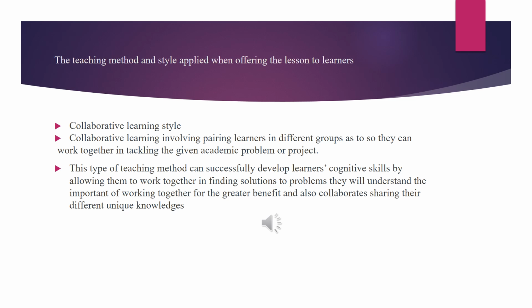Okay, the last bullet, this type of teaching method can successfully develop the cognitive skills by allowing them to work together in finding solutions to problems. They will understand the importance of working together for the greater benefits and also collaborate, sharing their different unique knowledges.